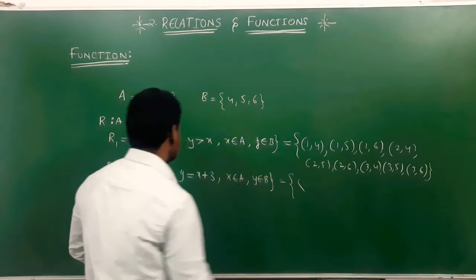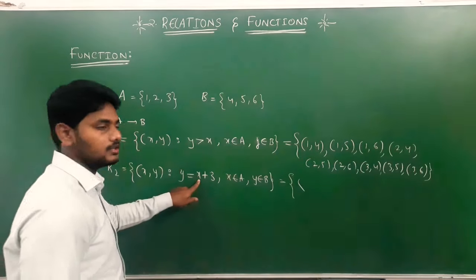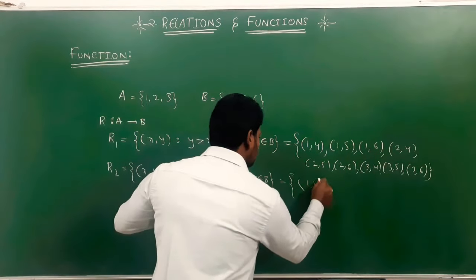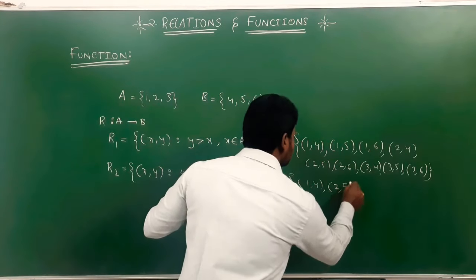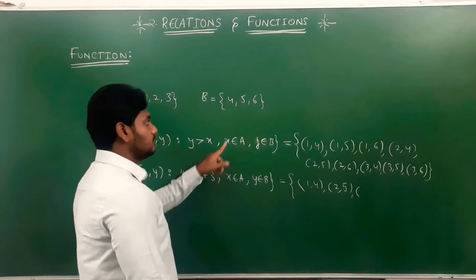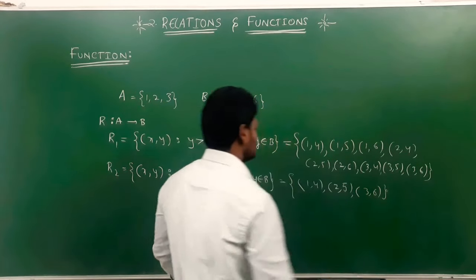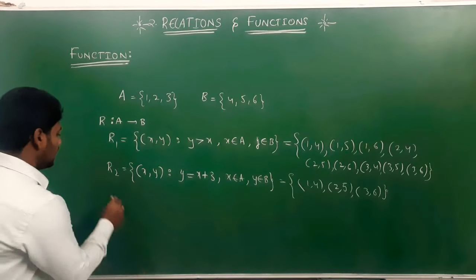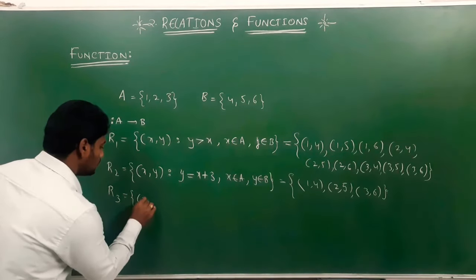The x values are 1, 2, 3. If you substitute x equal to 1, the y value is 4. If x equals 2, it is 5. If x equals 3, you get (3, 6).